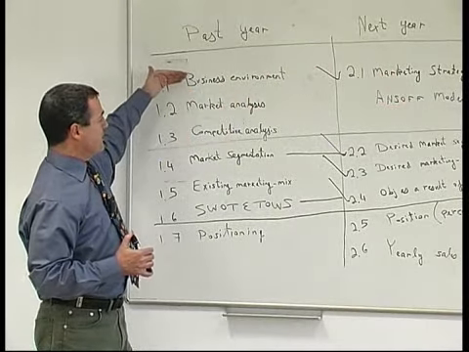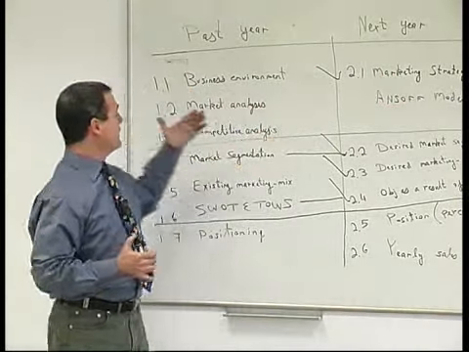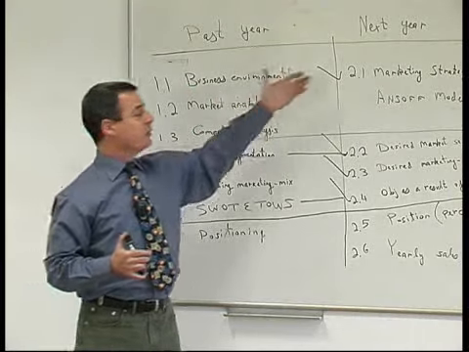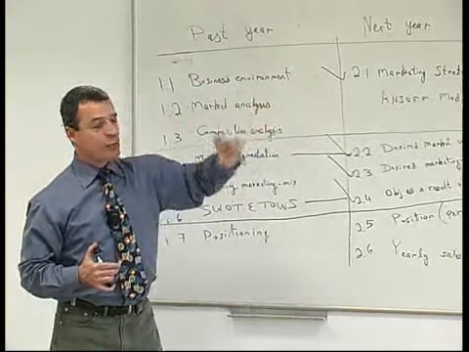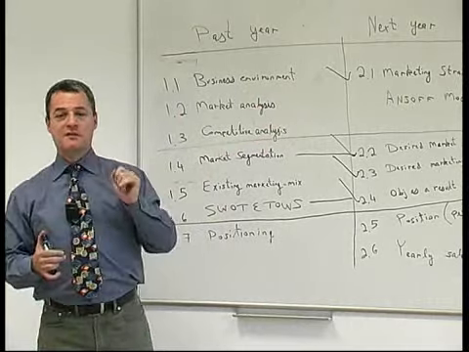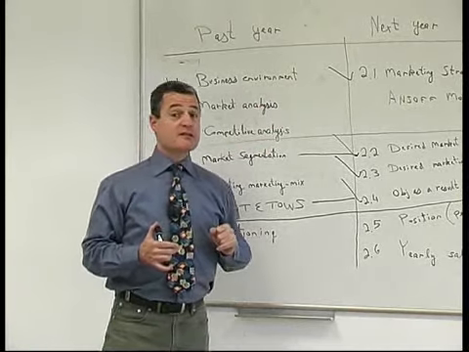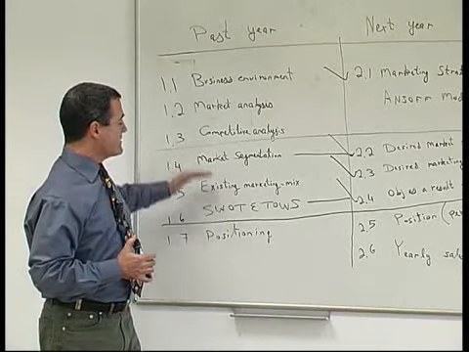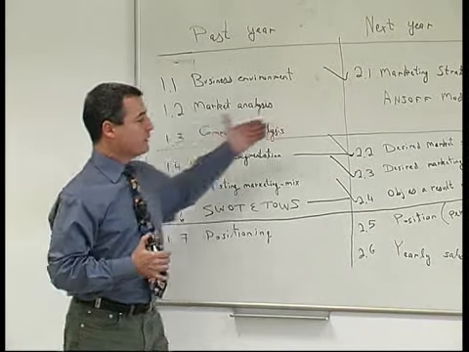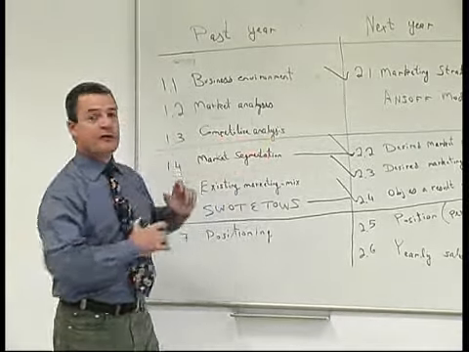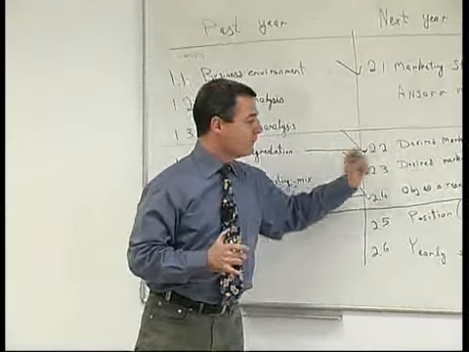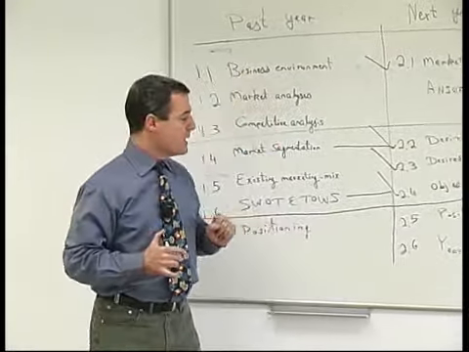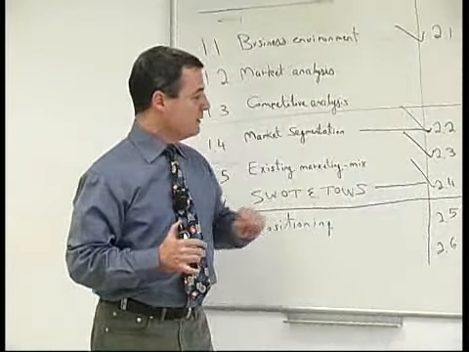We have taken business environment, market analysis, and competitive analysis into a model, withdrawing one clever sentence to describe the strategy for next year marketing-wise, marketing strategy. We have taken this bulk, which is exactly the same, just taking the X-ray from last year and developing it more clearly next year. And this is the second section.